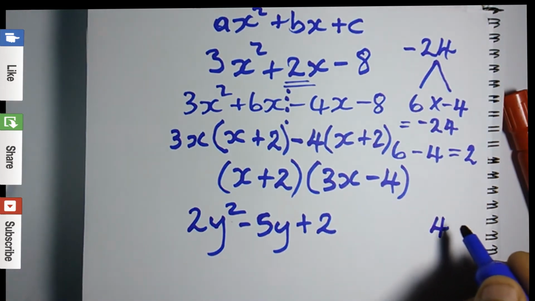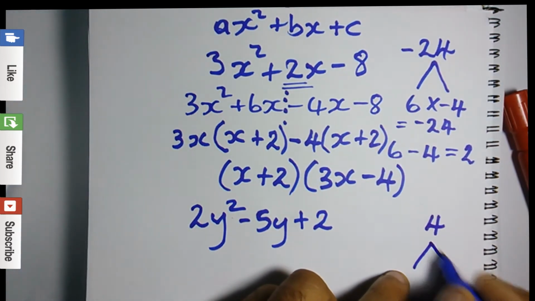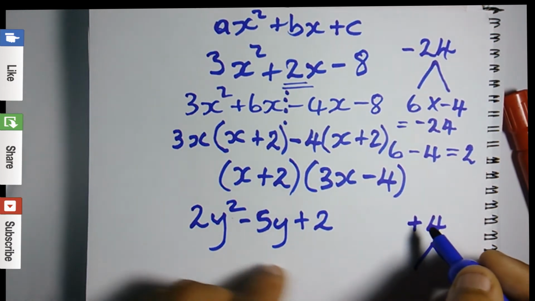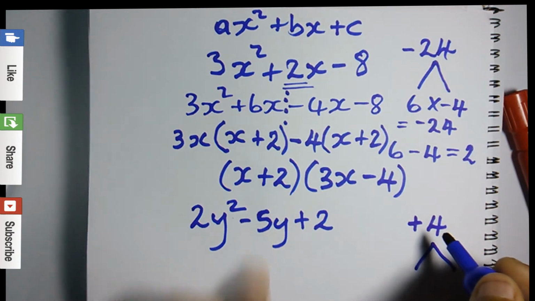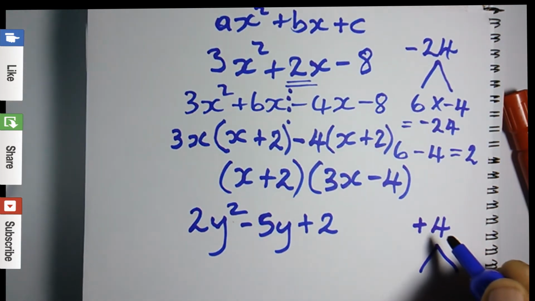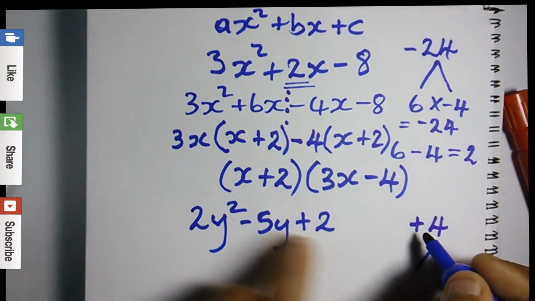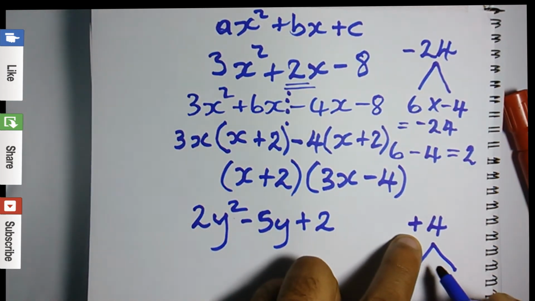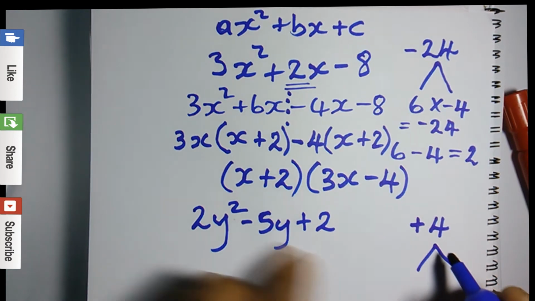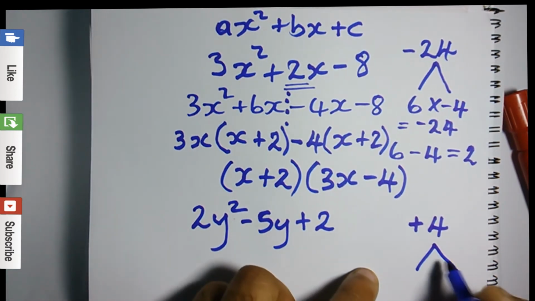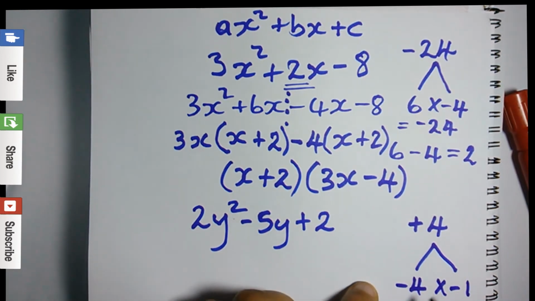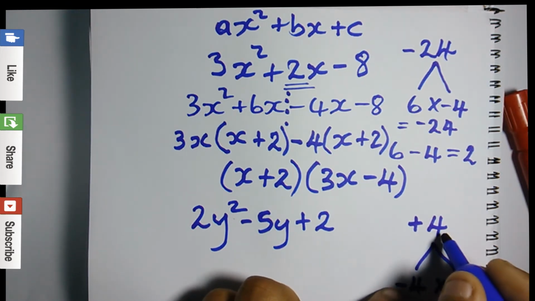Now, for this 4, we need to find two factors. When we multiply them, we should get positive 4, but when we add them, we should get negative 5. Now, sometimes the question is a bit tricky, so you need to pay attention to the signs. What two factors can I multiply to get positive 4 and when I add them, I get negative 5? Those two factors are minus 4 times minus 1, because negative times negative gives us positive. 4 times 1 is 4.